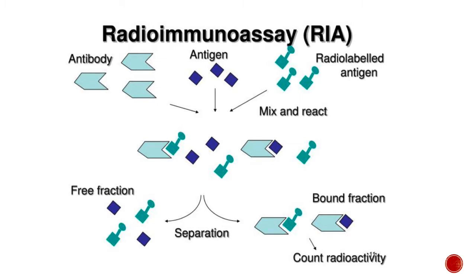When we wash, the unbound antigen will be washed off, but the bound antigen along with antibody will remain in the tube, and we count the level of the radio-labeled antigen. Then we can understand whether our antibody of interest is present or not.